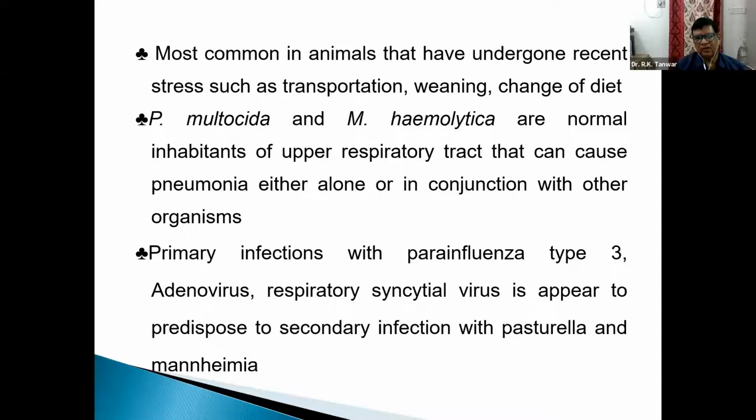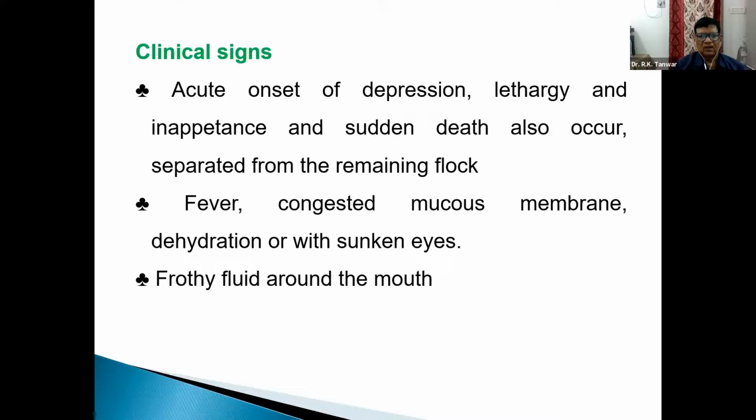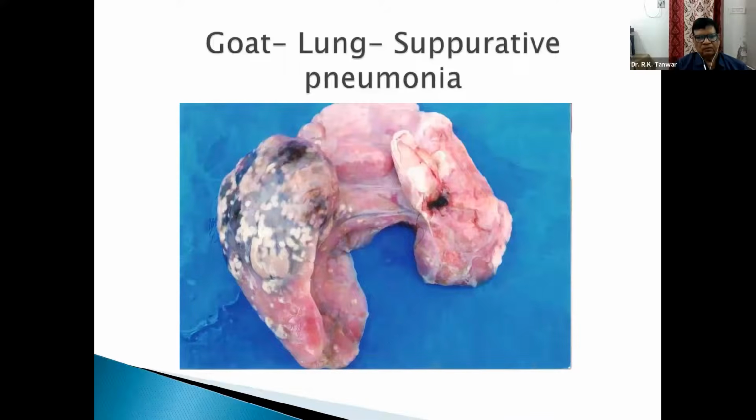Whenever there is a stress of transportation or the season, then there is a precipitation of the disease. Clinical signs: depression, lethargy, inappetence, sudden death, animals separated from the remaining flock, fever, congested mucous membrane, profuse fluid around the mouth. In both, I have seen some cases of suppurative pneumonia which does not respond to treatment at all.